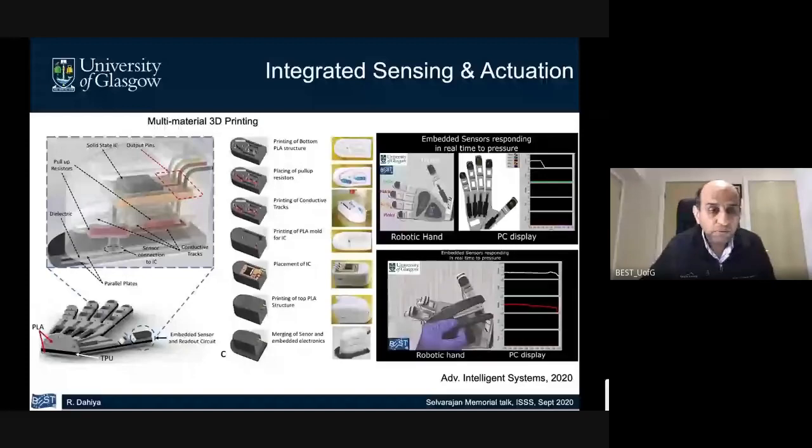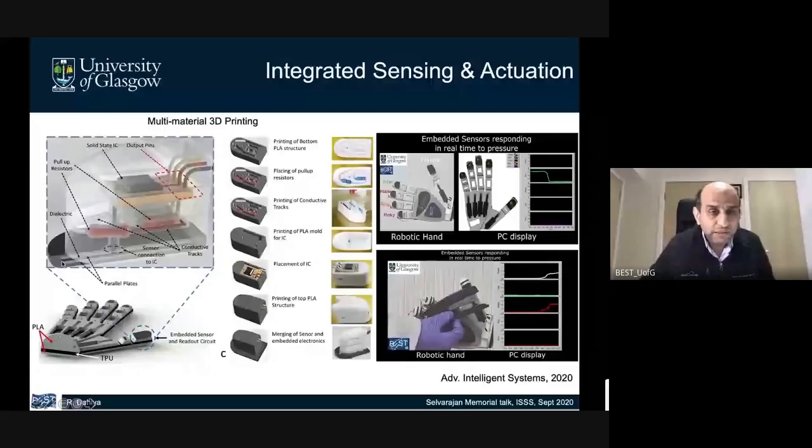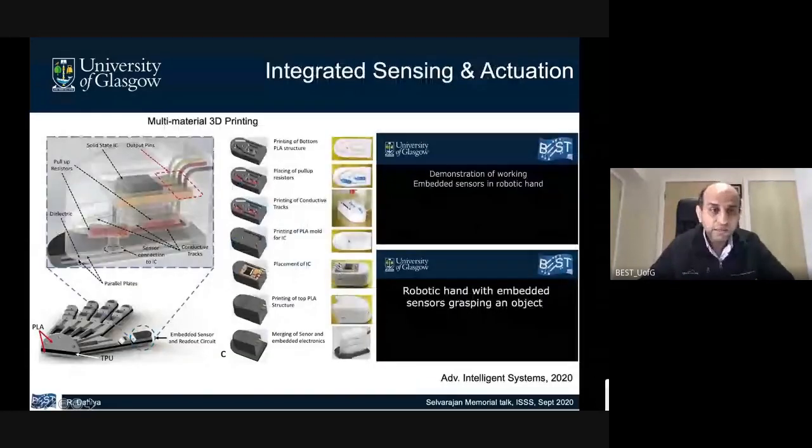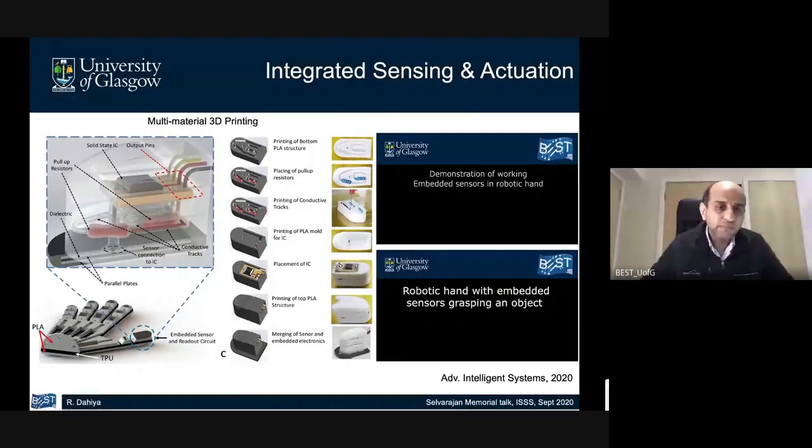As an example, we start printing the PLA here, and then we print metal lines. We have modified our 3D printers to print plastic and metal together, and then we leave this space, as you can see, either as air or filled with some soft material such as PDMS, and then a metal layer again, and then you print PLA again.